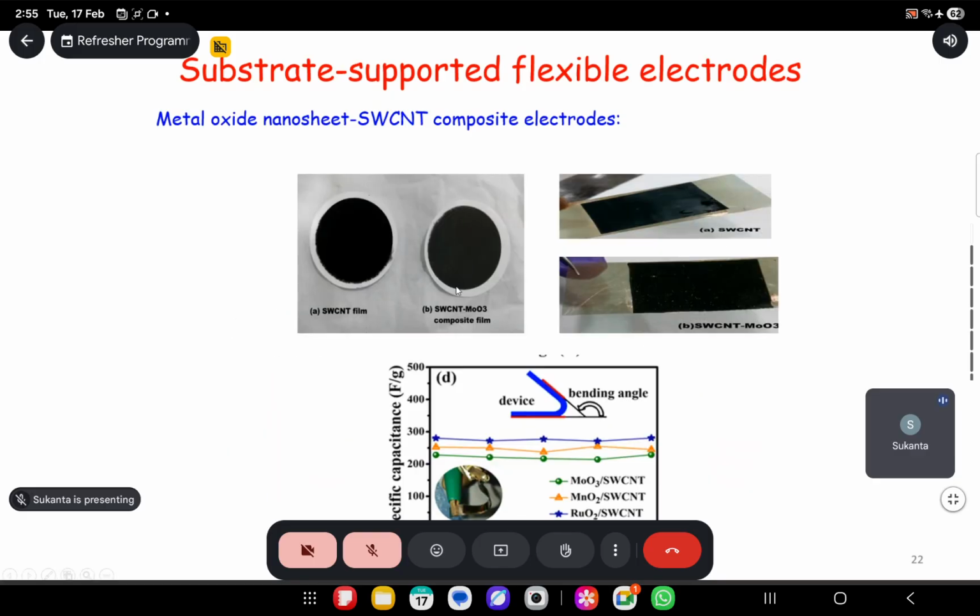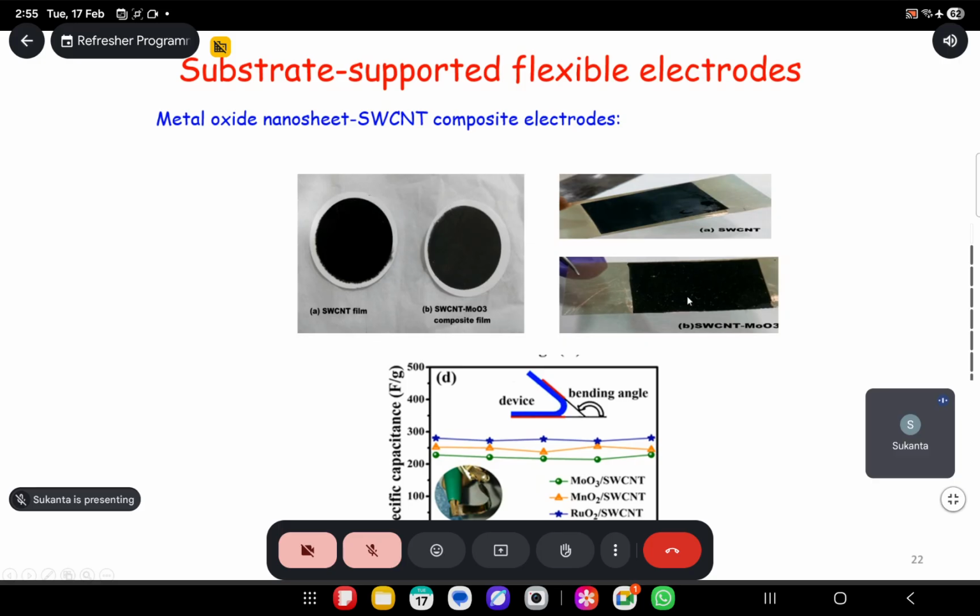So this is the actual image: single-wall nanotube on top of the cellulose membrane. This is the single-wall nanotube MO3 composite film on top of the cellulose membrane. This MO3 was the 2-dimensional nanosheet. I have shown you the images previously. We used those types of materials, and this film was transferred on top of gold-coated PET like this.